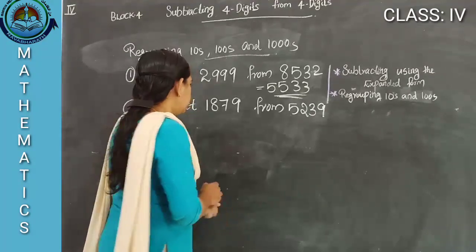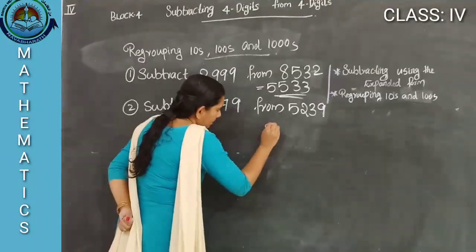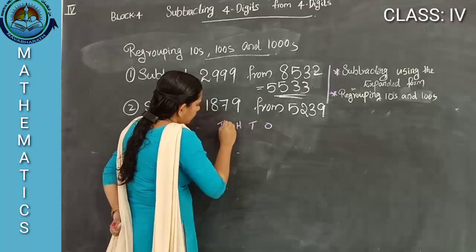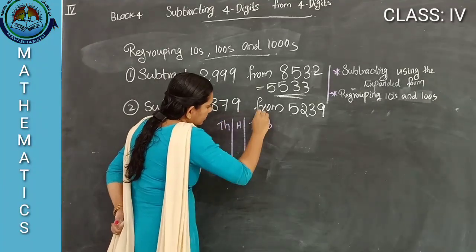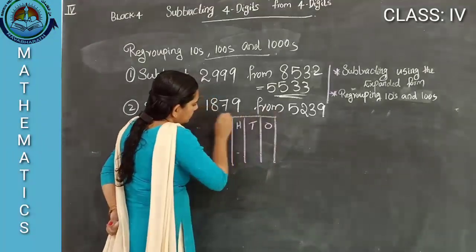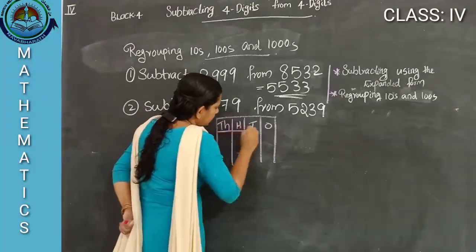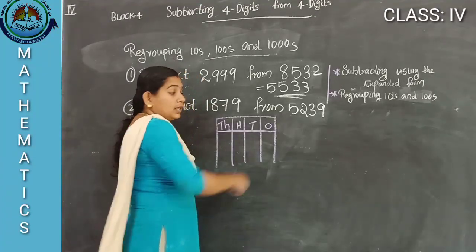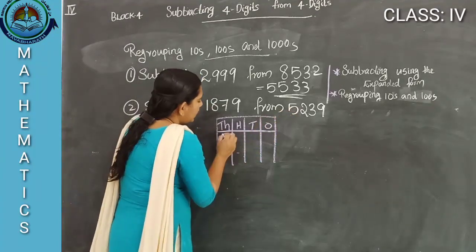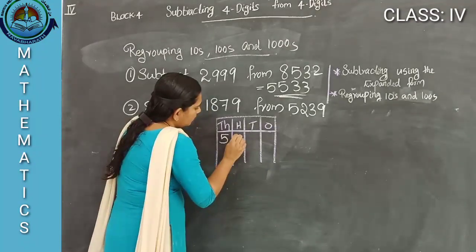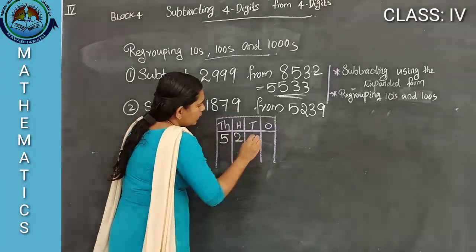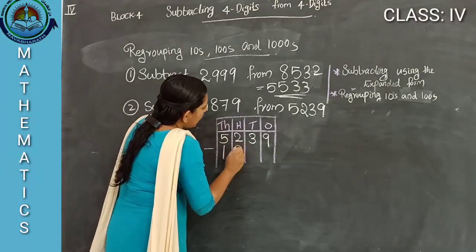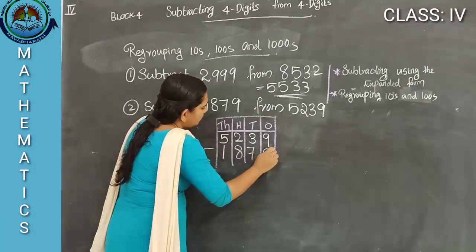First draw the columns. Which is the first number? 5,239 minus 1,879.